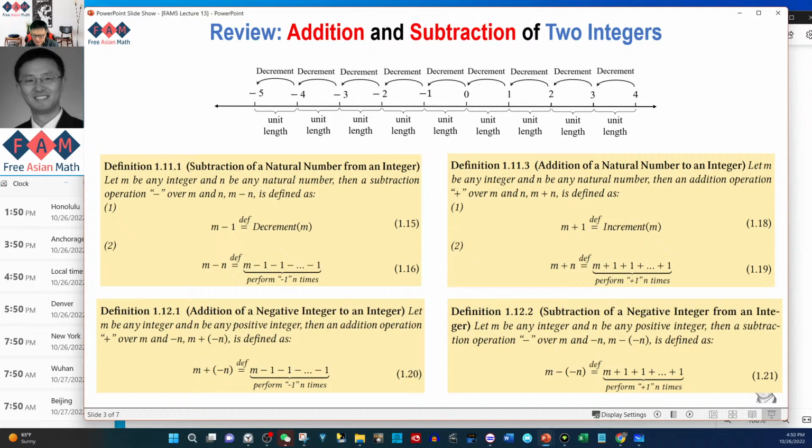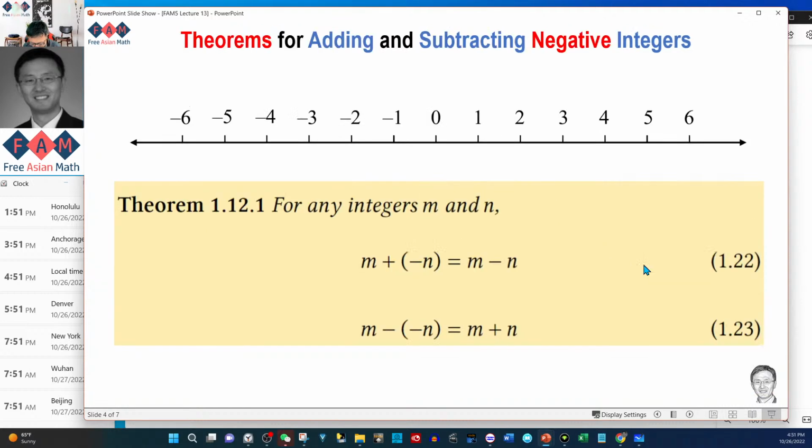So it's really significant to understand why we took such pains to define something that you might have already learned how it works. But this gets to the bottom of the thing. We define those operations this way. Now with that, we are able to easily prove a theorem.